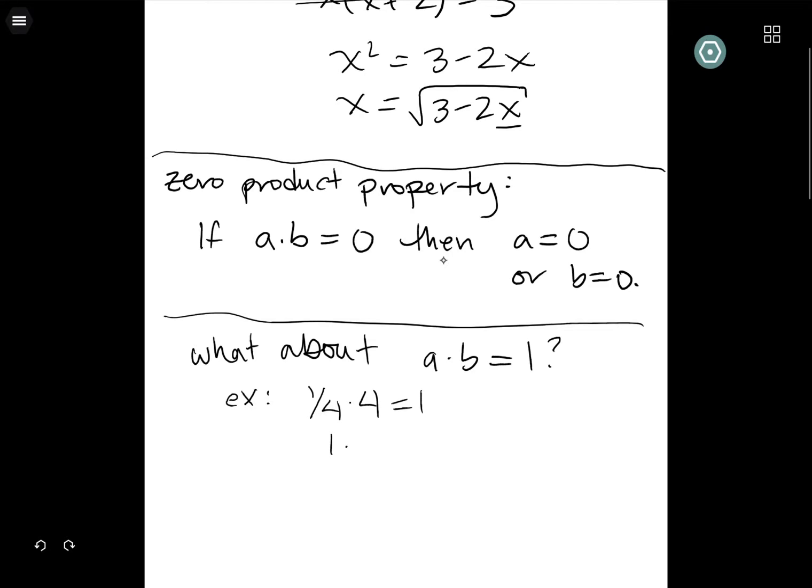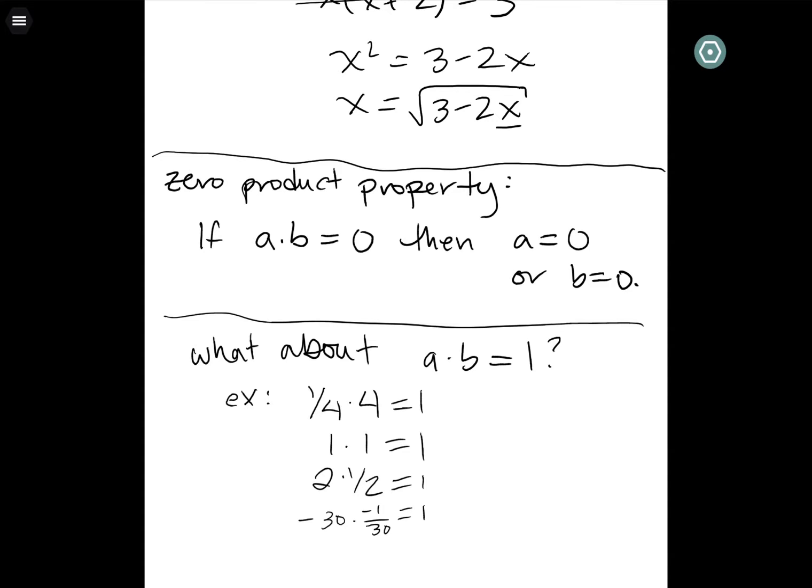We could have 1 times 1. We could have 2 times 1/2. We could have -30 times -1/30. So, I mean, I guess we know something. We know that the numbers are reciprocals, but we absolutely cannot draw any conclusions about what A is or what B is. So this property is very, very specific to 0.